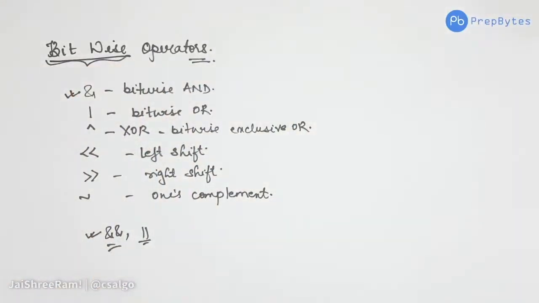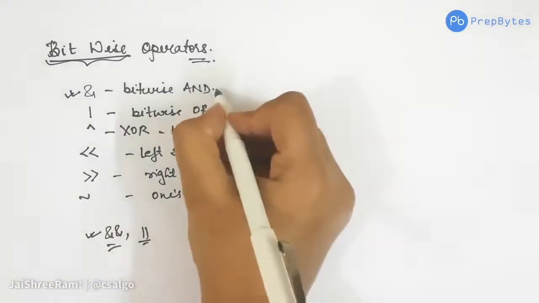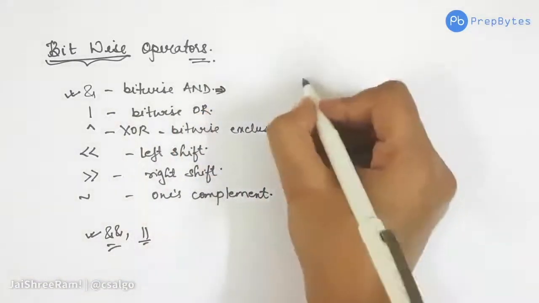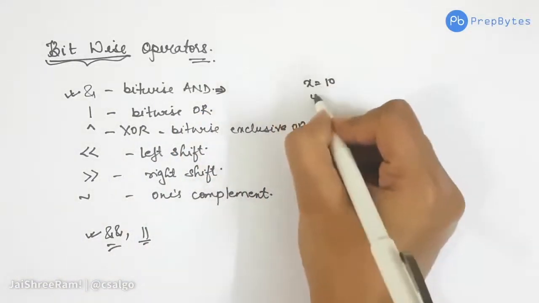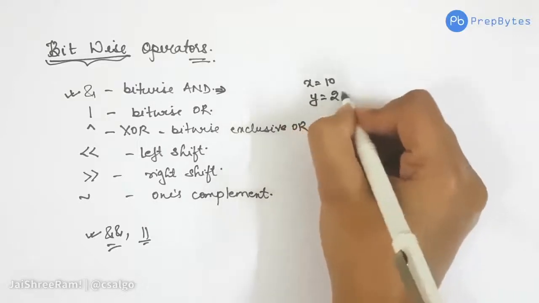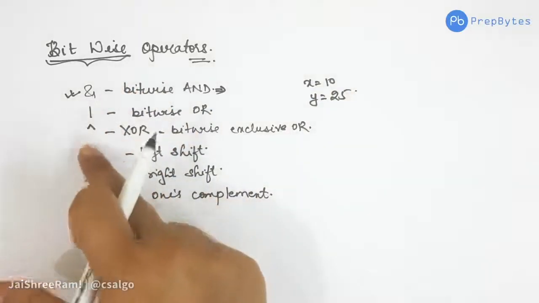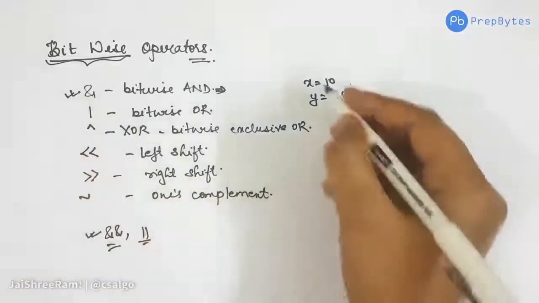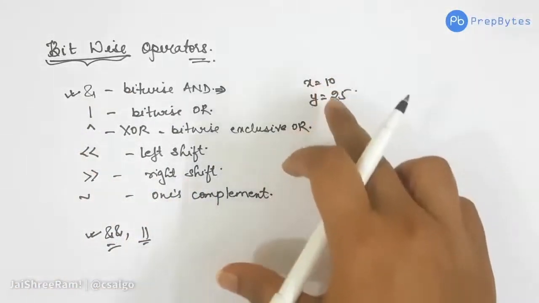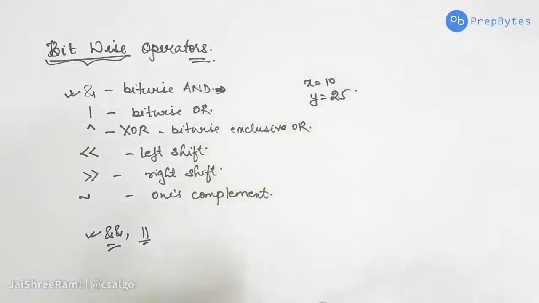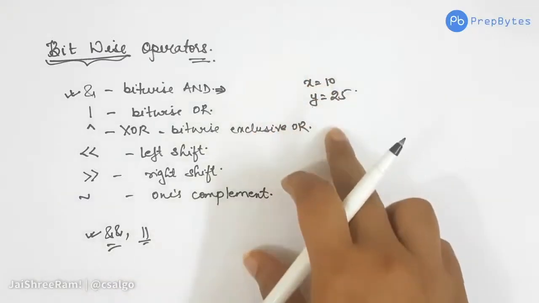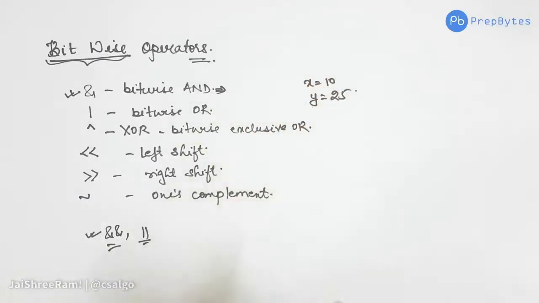In a bitwise operator, the operation is done on the binary representation of the operand. So in the case of bitwise AND, let's say I have X as 10 and Y as 25. Whatever operator I use for X and Y, the operation will be done on the binary representation, bit by bit.